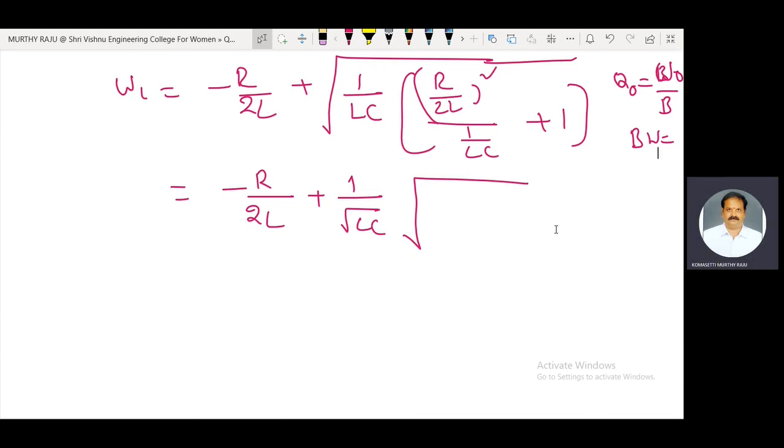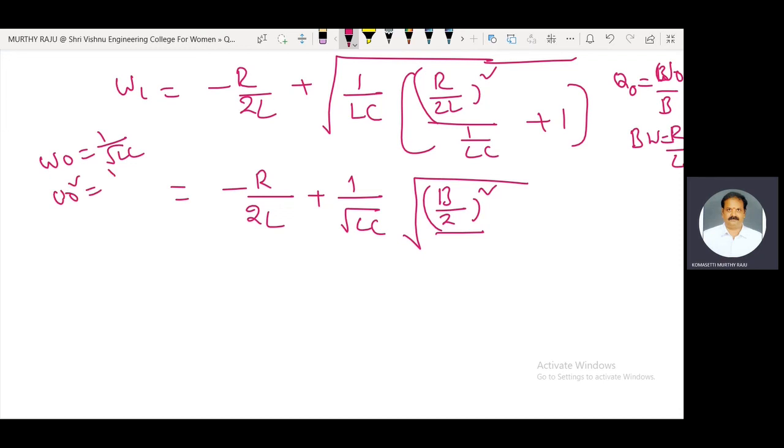Bandwidth of that circuit is R by L. Here R by L is the bandwidth, by 2 whole square. We know that omega naught is equal to 1 by root LC.